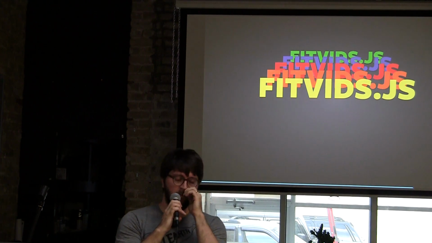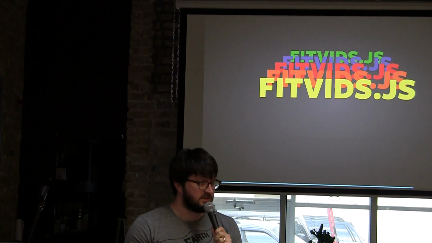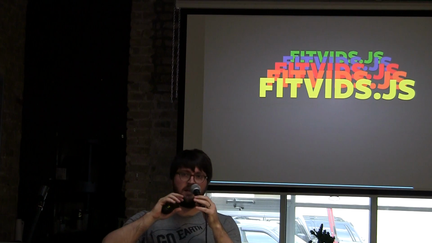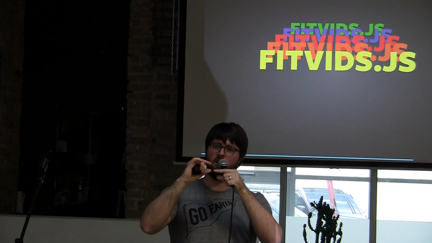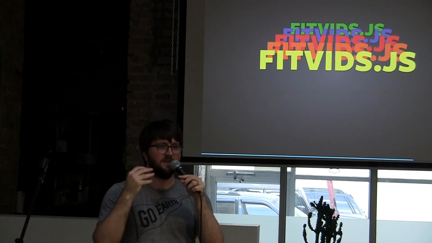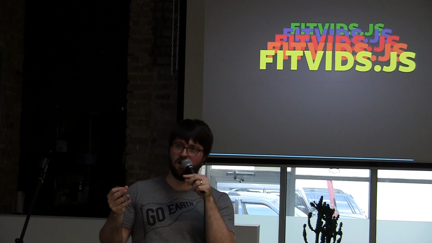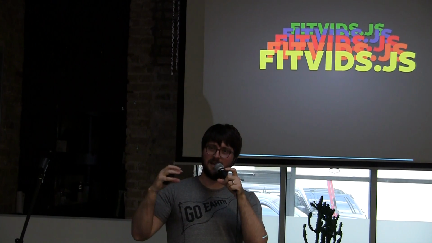Think of it that way. If you embedded a YouTube video in a responsive web design, it explodes. It's like 800 pixels wide and 40 pixels tall. It's terrible. I wouldn't even let my mom on her blog use that. It just looks that ugly.